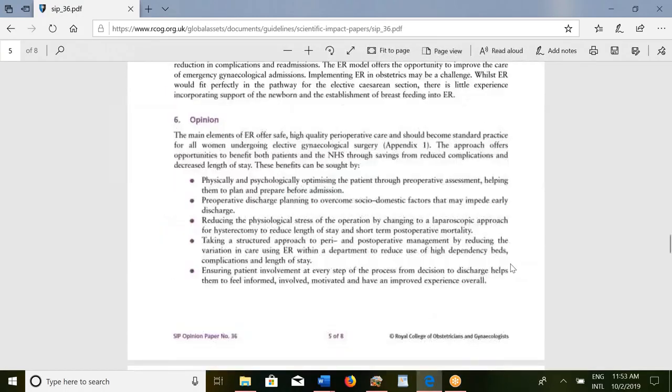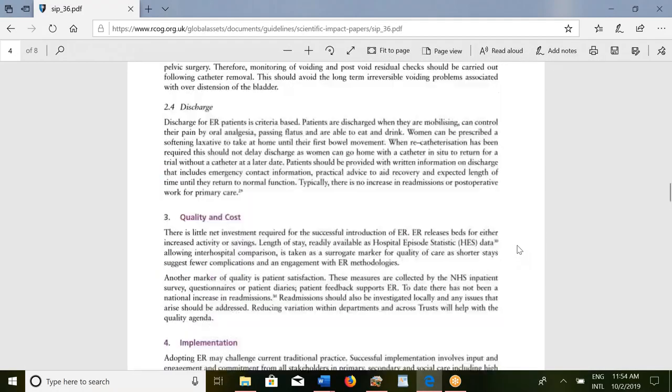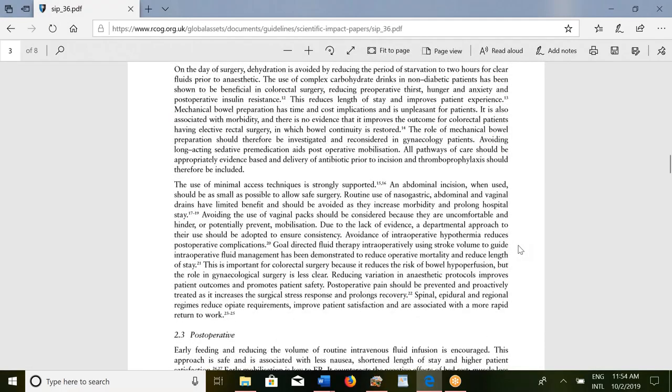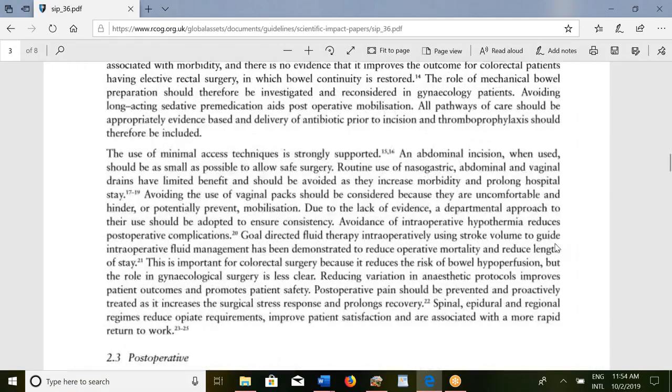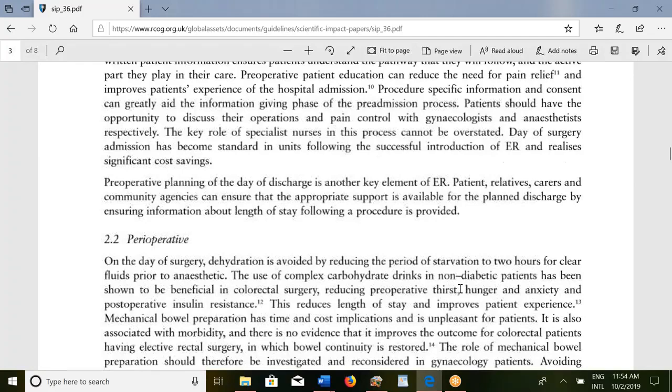So, please tell me another thing. Okay. So, then what can you tell me about the principles of enhanced recovery program?